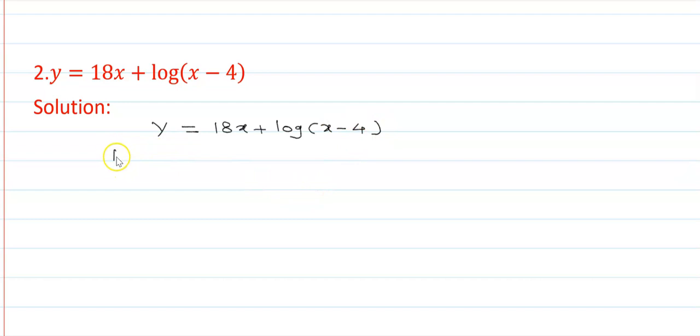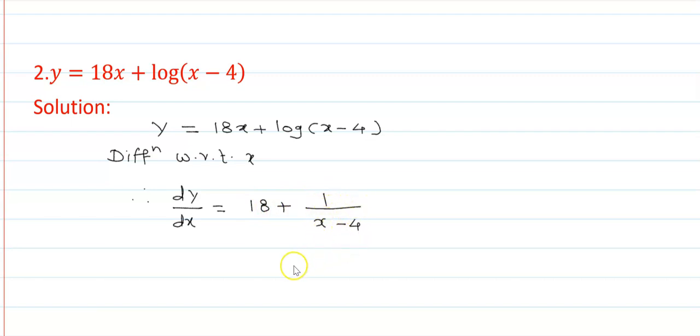Now differentiate this with respect to x, and therefore dy by dx is equal to the derivative of 18x, which is 18, plus the derivative of log of (x minus 4), which is 1 upon x minus 4. Okay, now we'll simplify this.